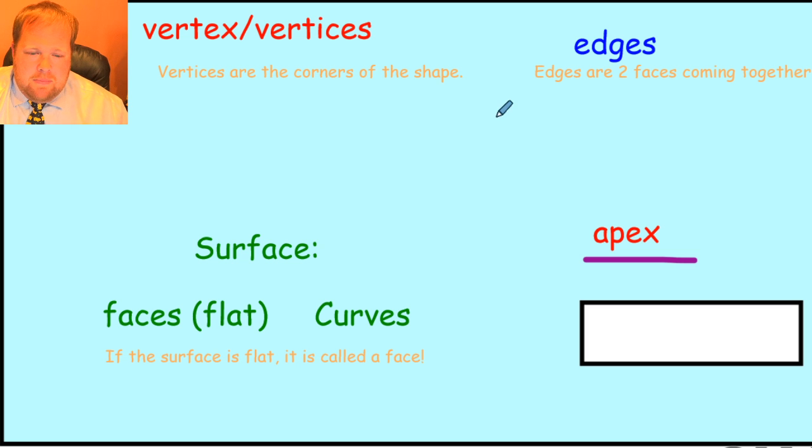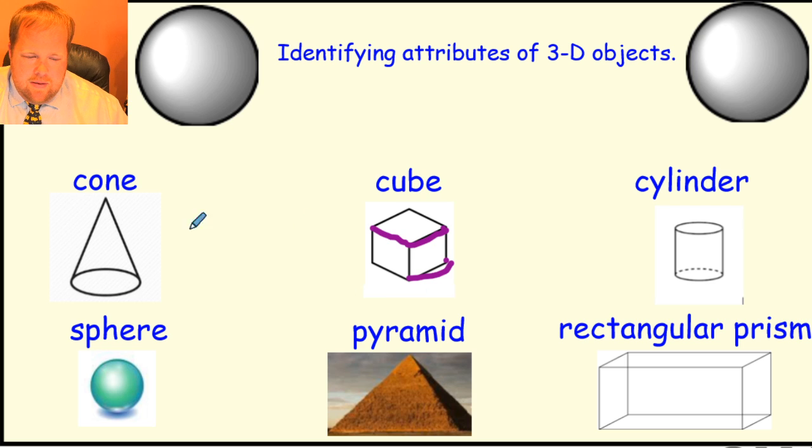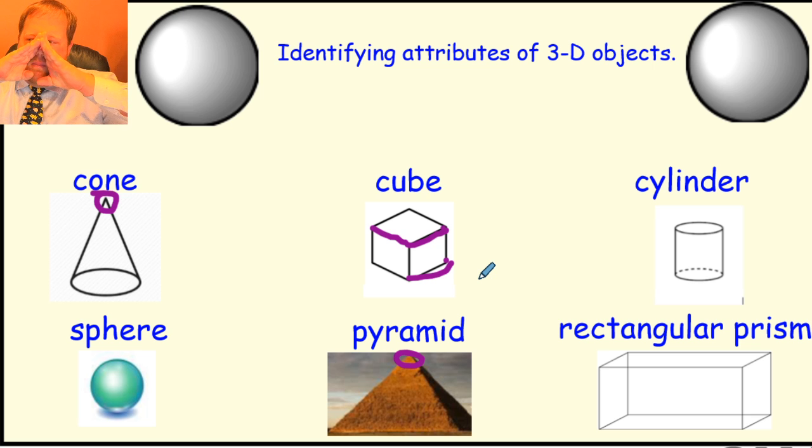There are two shapes that we are going to talk about that have an apex. And that is a cone and a pyramid. An apex is where all the surfaces come together and it makes a point. Yeah, it makes a point. Very nice. Let's keep going.